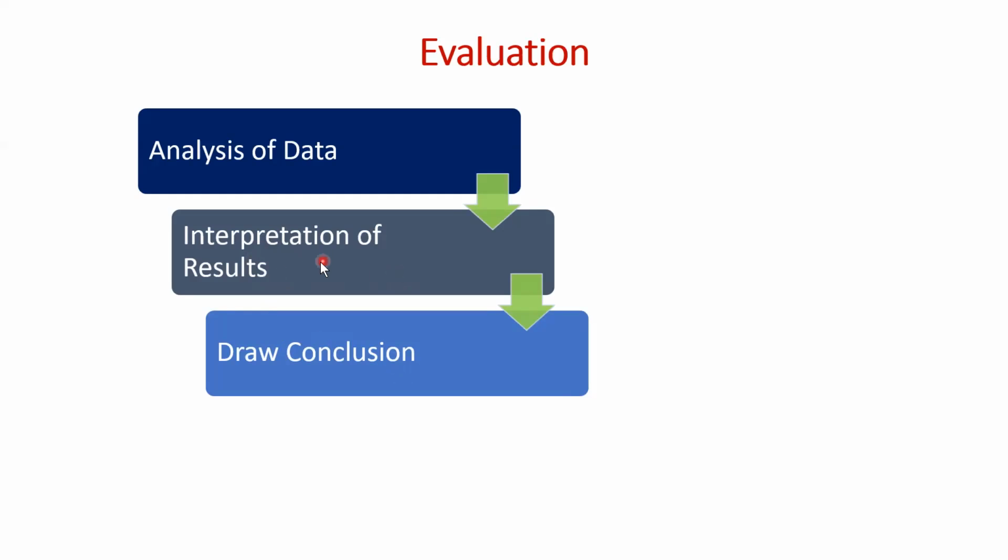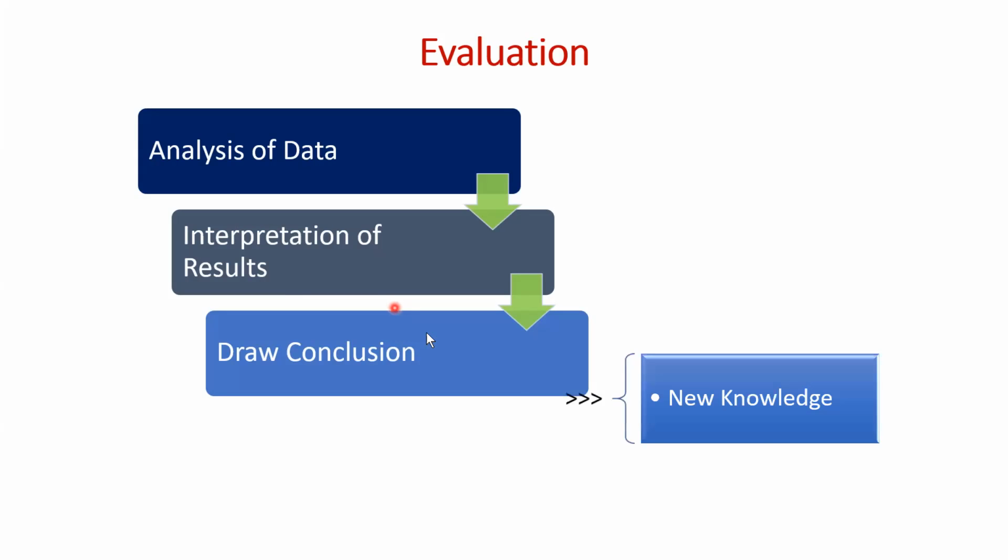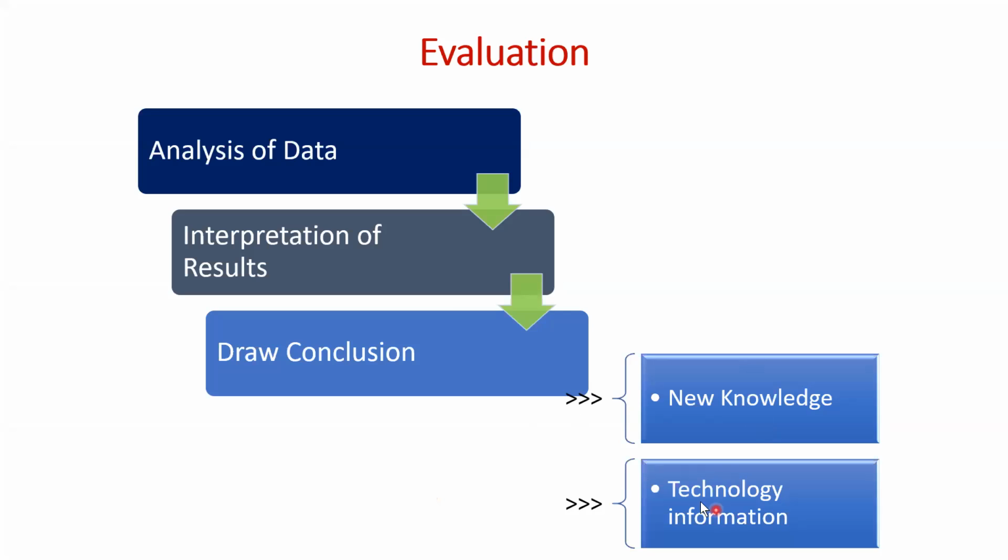And then based on that interpretation, you have to draw the conclusion. अगर आप उसको इंटरप्रेट अच्छी तरह कर सकेंगे, so then you will be able to draw the conclusion. And then you will see whether you got some new knowledge or you have a technology or information to implement something. कि आपका कोई न्यू नॉलेज हो सकता है, जो हमने स्टार्ट में प्रैक्टिकल की क्लास में पढ़ा था, that you may have some new knowledge, basic knowledge, the mechanisms, understanding.